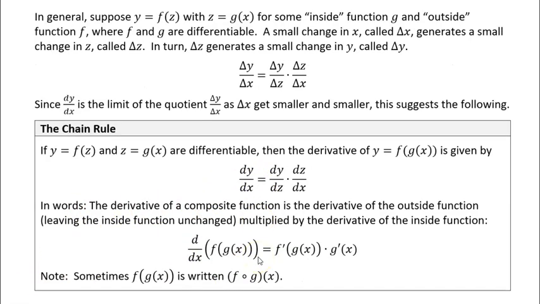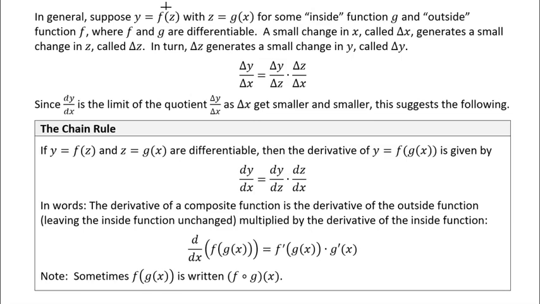Okay, so here we have the chain rule. All it's saying is that if we have the composition of two functions, we have y as f of z and z is g of x, and we want to find the rate of change of y with respect to x, then we can multiply the two rates.